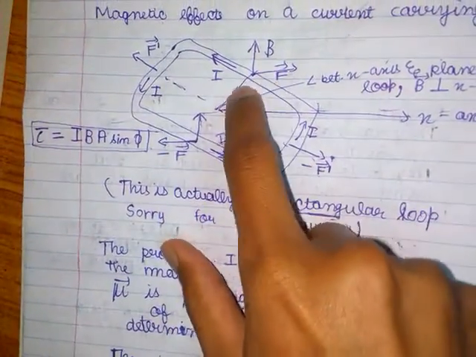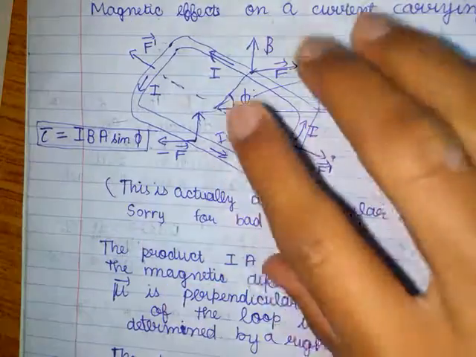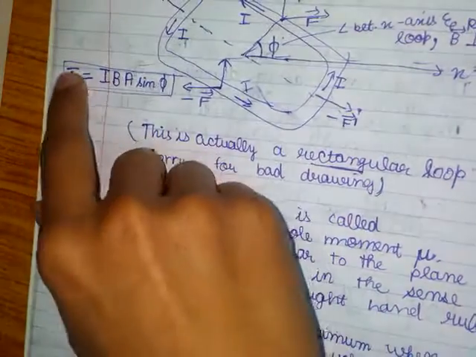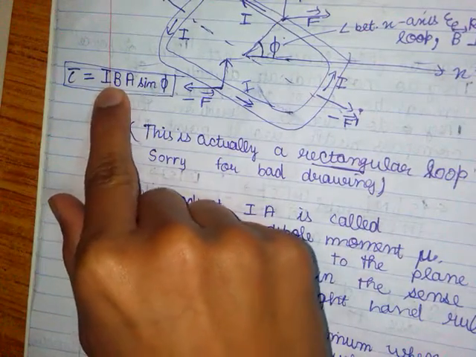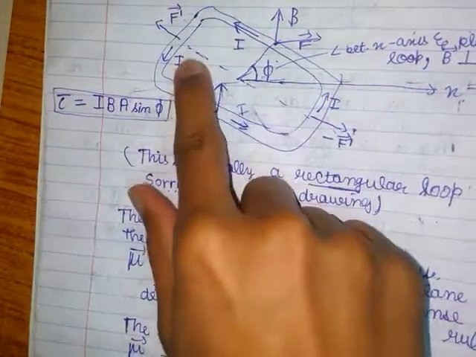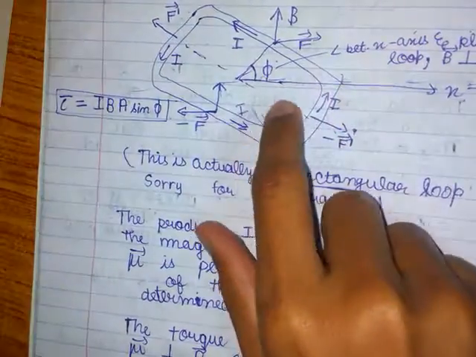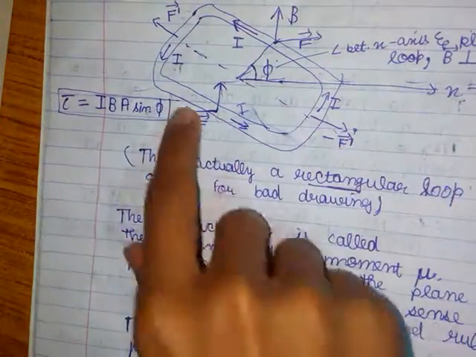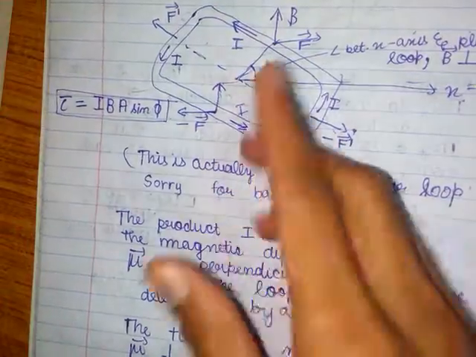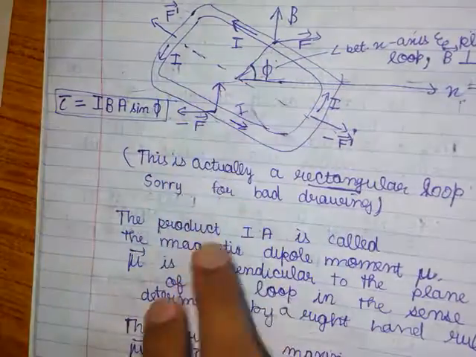Here also the torque due to this force and torque due to this force add up, and they give a total torque of the value IBA sine phi, where A is the area of the loop, I is the current flowing in the conductor, and phi is the angle between the x-axis and the loop.